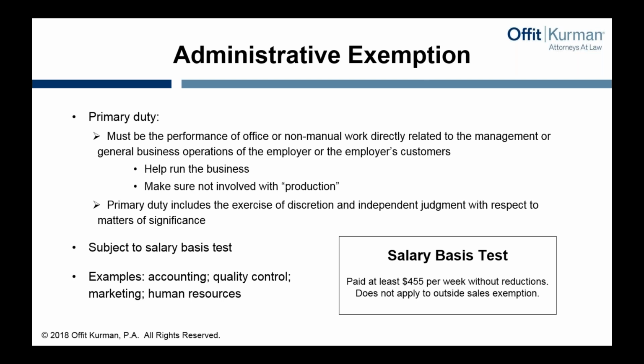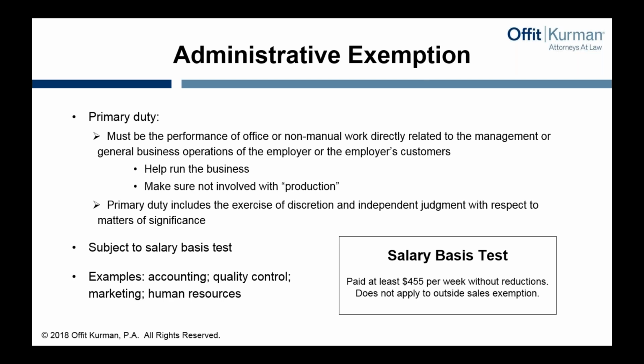However, the accounts payable person, the accounting person, the HR person, quality control, those sorts of functions are generally what's covered by the administrative exemption. It's really the administrative functions of a business that are covered. But even then, it's not everybody that works in those departments or does that type of work.